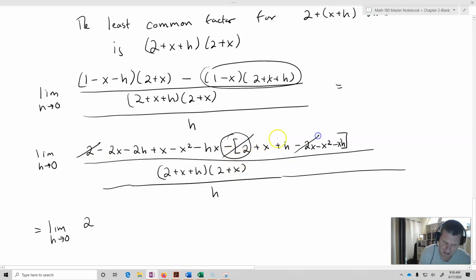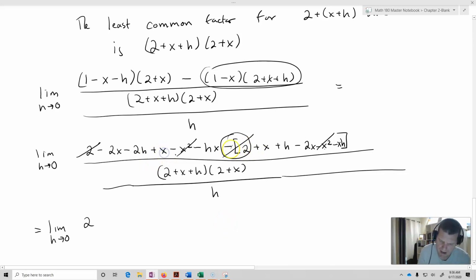The minus 2x, oh, excuse me. I've got a minus x squared here and then a minus minus x squared here, so the x squareds are going to go away, okay?